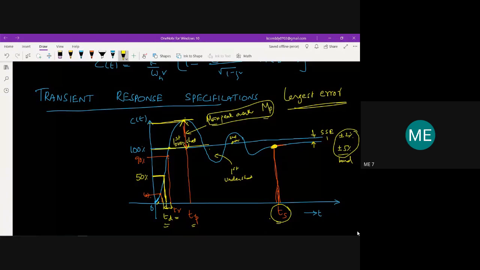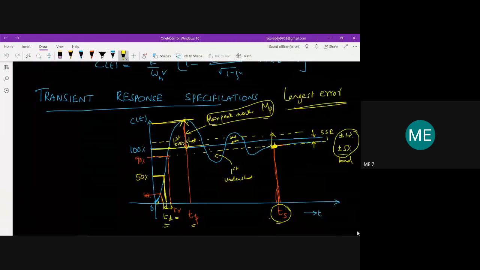So the settling time is defined as the time required for the response to decrease and stay within the specified percentage of its final value, that is, within the tolerance band. If I mark this tolerance band like this, and the output is within the tolerance band, then we can say it has reached its steady state response, or steady state system.